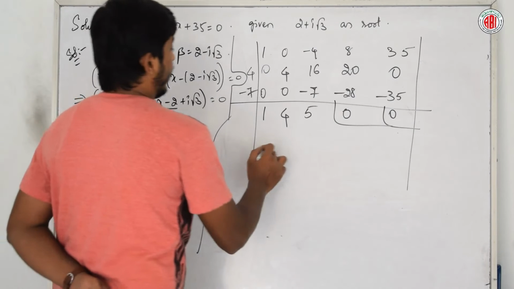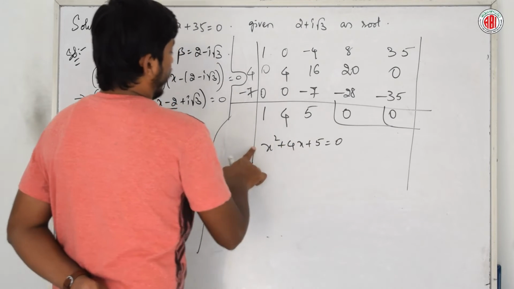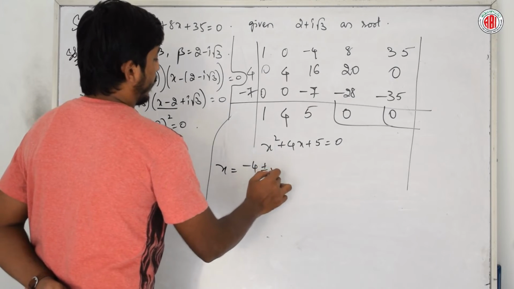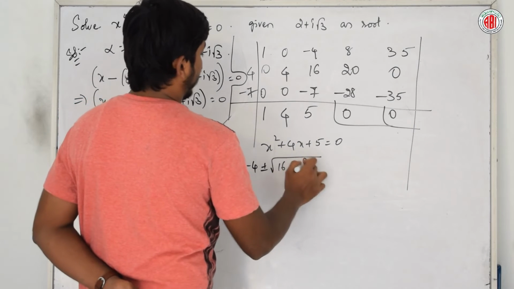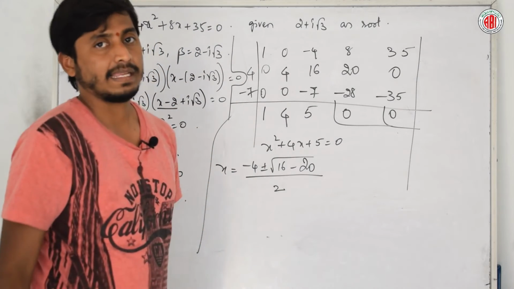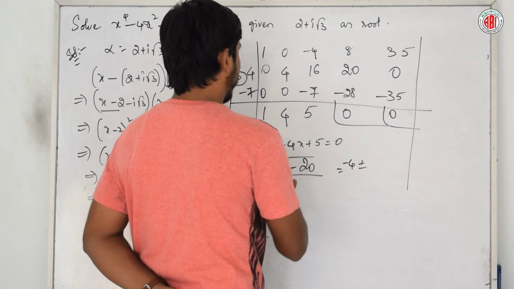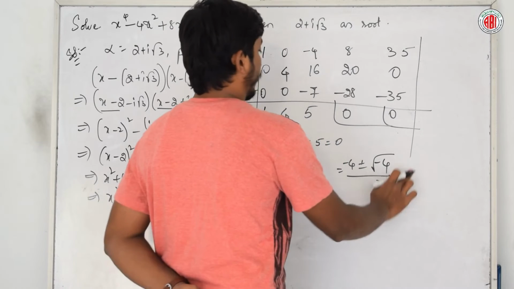Now my equation is left. What is left? x square plus 4x plus 5 equal to 0. Let me use the formula method. Minus 4 plus or minus under root of b square minus 4ac, 4 fives are 20, divided by 2a. Is it? Now minus 4 plus or minus 16 minus 20 is root of minus 4.